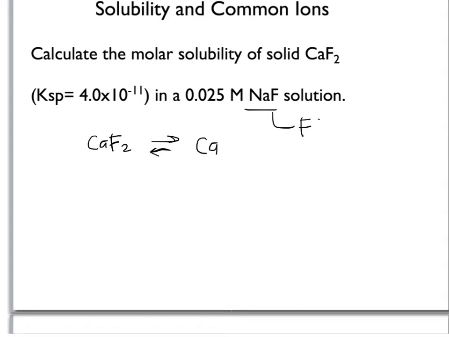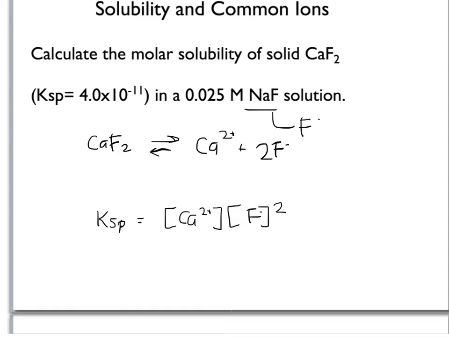We're going to get calcium 2 plus and 2 fluorides. So if we set up the KSP, KSP is going to equal the concentration of the calcium times the fluoride, and we take that to the second power.